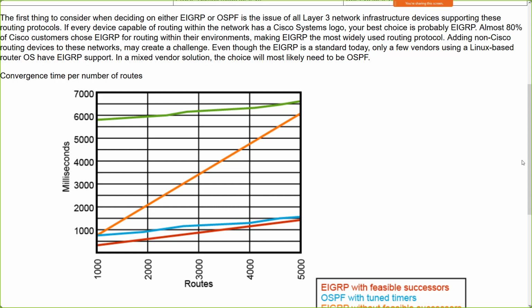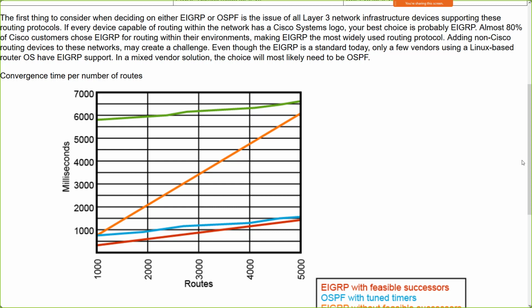Even though EIGRP is a standard today, only a few vendors have decided to incorporate it in their operating system, right? I believe HP is starting to incorporate it, but Juniper, with their operating system and their focus on open standard protocols, is probably not going to be jumping at the chance to include EIGRP within their design anytime soon.